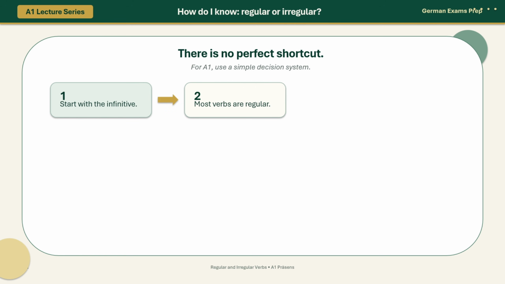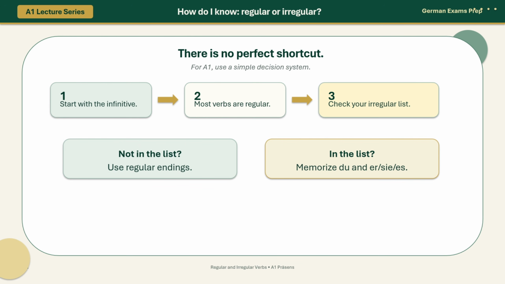Second, remember that most verbs are regular. Third, check your irregular verb list. If the verb is not in your irregular list, use the regular endings. If the verb is in the list, memorize especially the du and er/sie/es form. An exam tip is do not guess vowel changes.